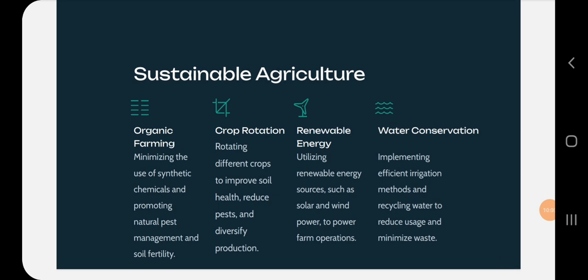Renewable energy. Utilizing renewable energy sources such as solar and wind power to power farm operations. For water conservation, implementing efficient irrigation methods and recycling water to reduce usage and minimize waste.